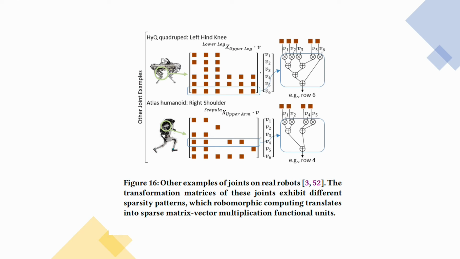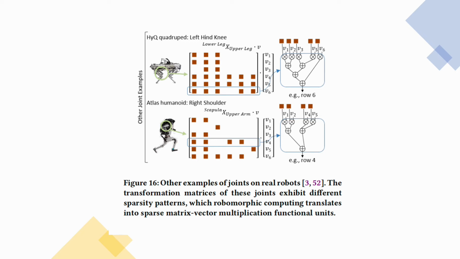So these algorithms can be addressed with robomorphic computing because they are tightly coupled with the physical properties of the target robot. And then the dynamics of soft robots with flexible limbs can be modeled as a piecewise approximation by using long chains of rigid bodies. When we compare the pictures, we have the left hind knee of the HyQ quadruped and the right shoulder of the Atlas humanoid.